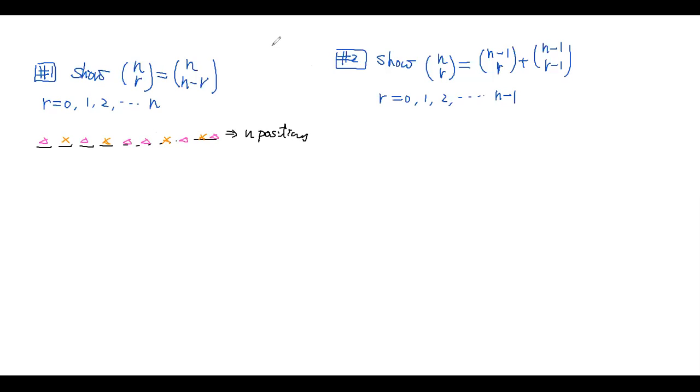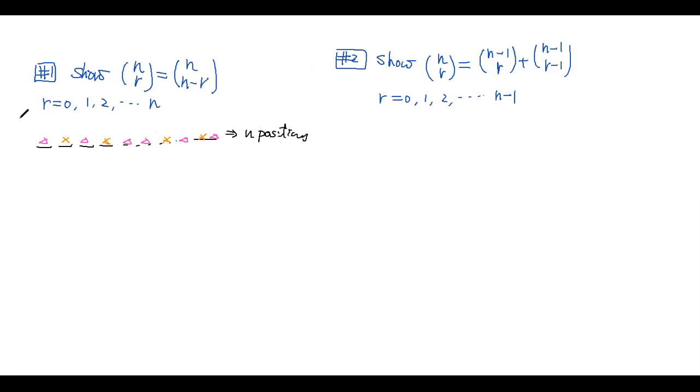So it's intuitively true, but how do I prove it? I think we did one example in lecture number 2: if you toss a coin 6 times, how many different ways can you get 2 heads?